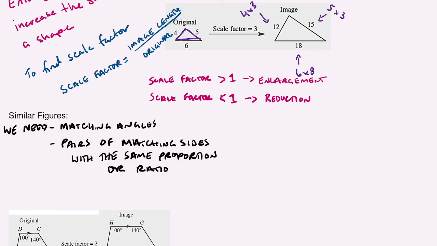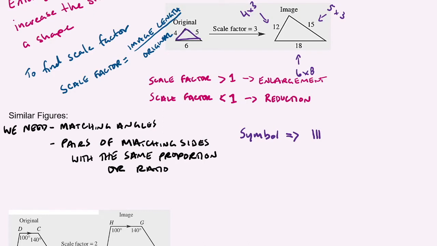That's what we need. Now, we do have a symbol for similar figures. The symbol for similar figures is three parallel lines that are vertical.